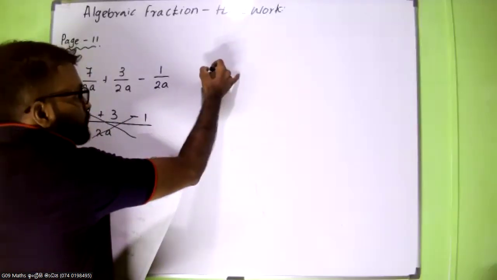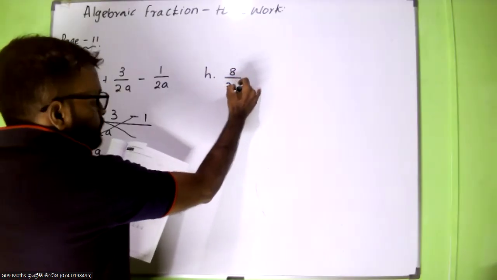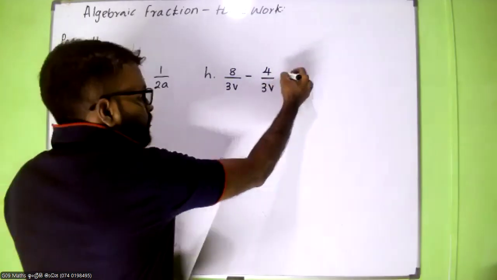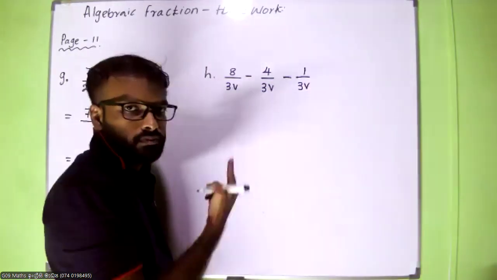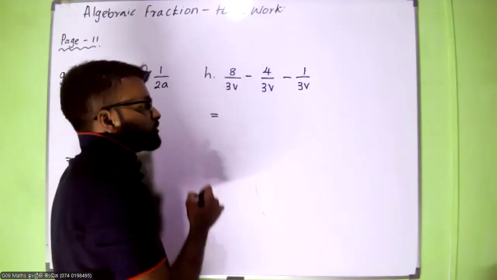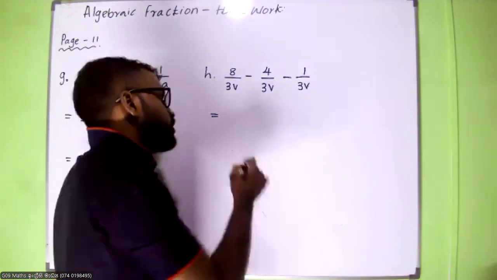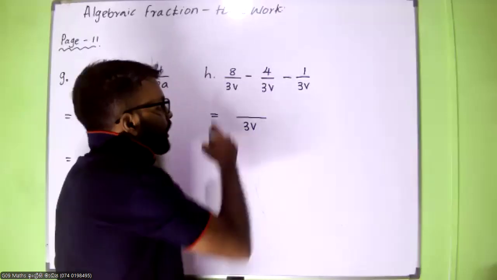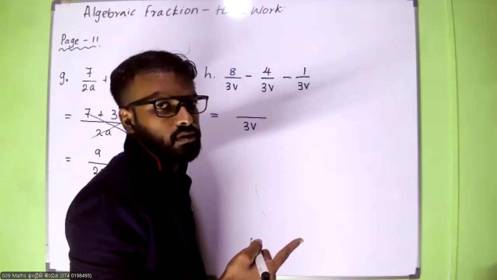I will do H: 8 upon 3v minus 4 upon 3v minus 1 upon 3v. What about this? Equal mark, 3v, 3v, 3v. The denominator is the same, nothing to worry about. 8 minus 4 is 4, 4 minus 1 is 3.